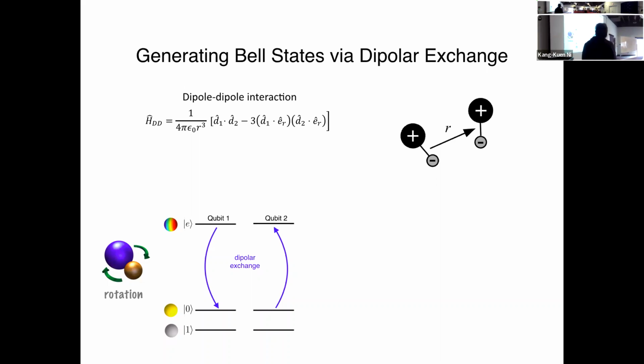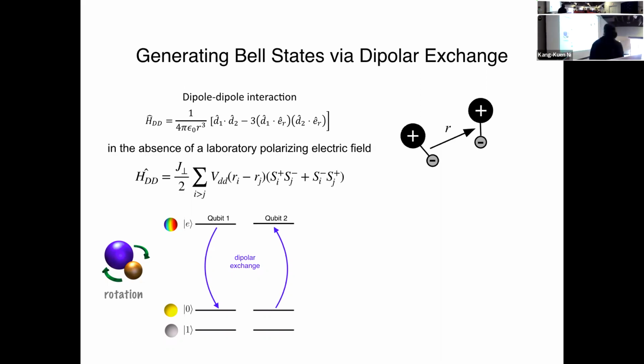Now, what I'm talking about here is dipole-dipole interaction, the same form that we wrote down, the same form that John gave us. You know, I'm carrying this 4 pi epsilon naught because I'm an experimentalist. When I put in Mathematica, I like to carry that. And in the absence of laboratory polarizing electric field, we can write this in the form of spin models.